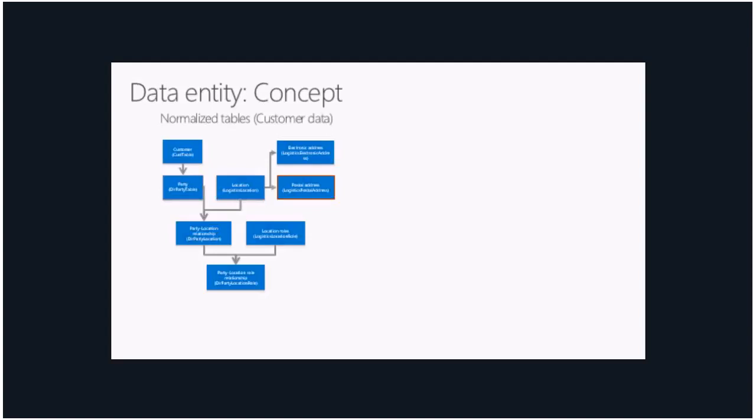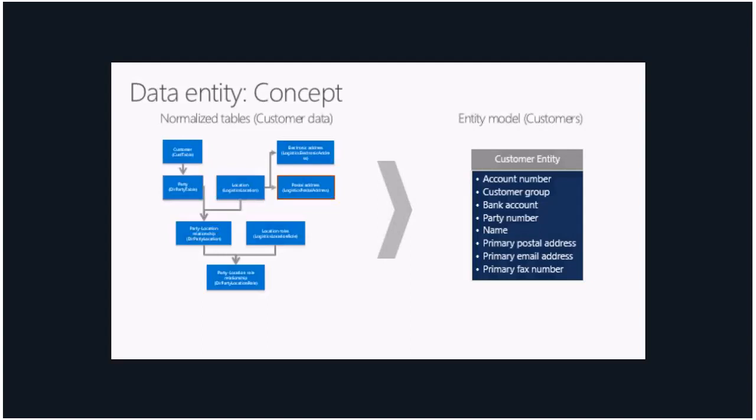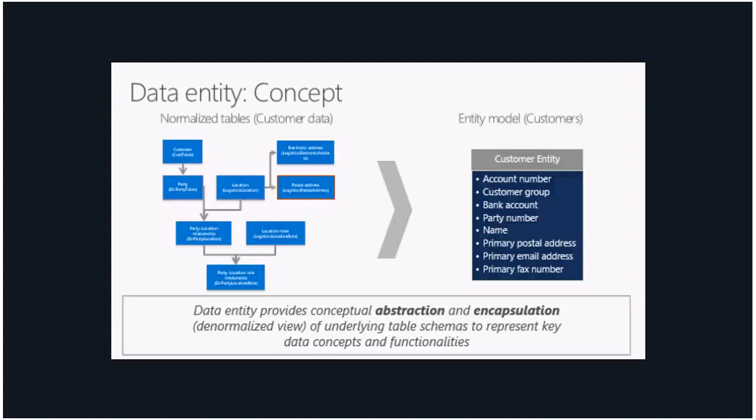Now in Dynamics 365, we move away from this concept and we are only using data entities, which is a different way to see this, and it's a simple way, because basically we are encapsulating this. Rather than go to tables, we are going to a flat view of these tables, and the system will take care to populate all these tables behind the scenes.